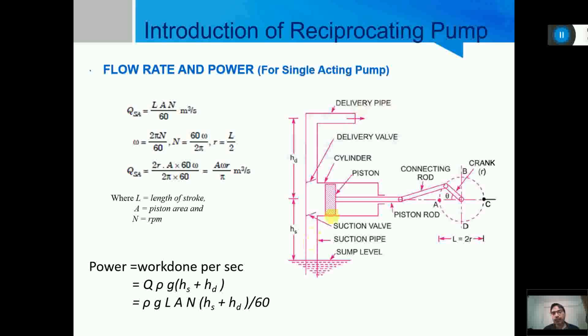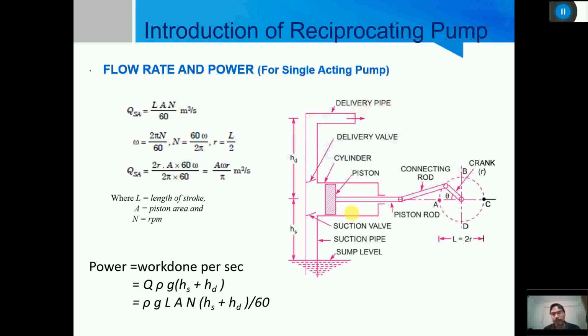That's why some of the fluid comes into the cylinder and moves directly to the delivery side, even during the delivery stroke, when the suction pipe is large and the delivery pipe is short.